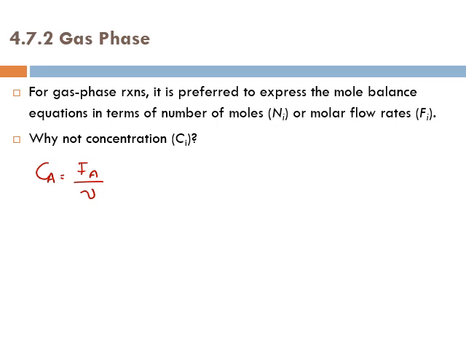Let's take this packed bed reactor, full of particles. However, the catalyst here is deactivated, so the reaction will not take place. So CA naught should equal FA naught over epsilon naught, correct?